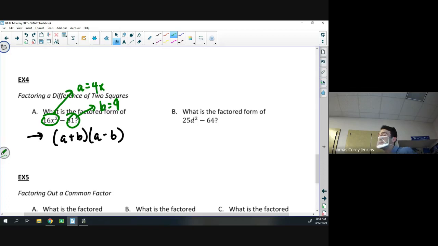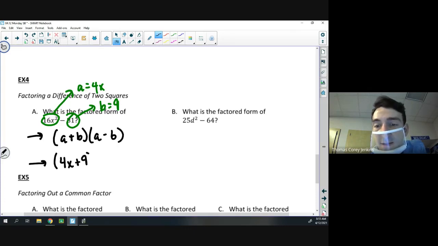Then I just want to sub in, and I know this factors to 4x plus 9 times 4x minus 9.